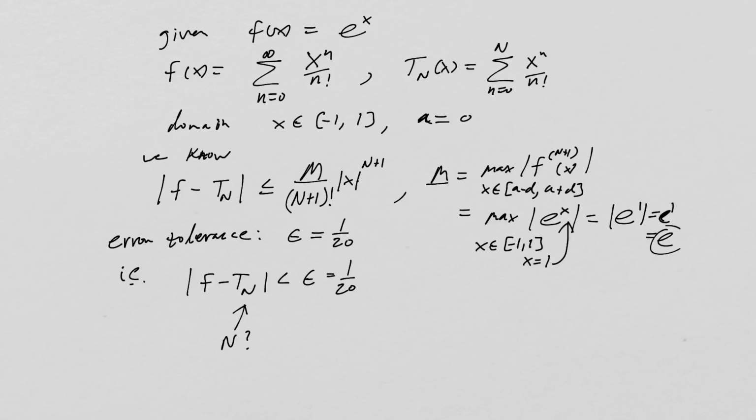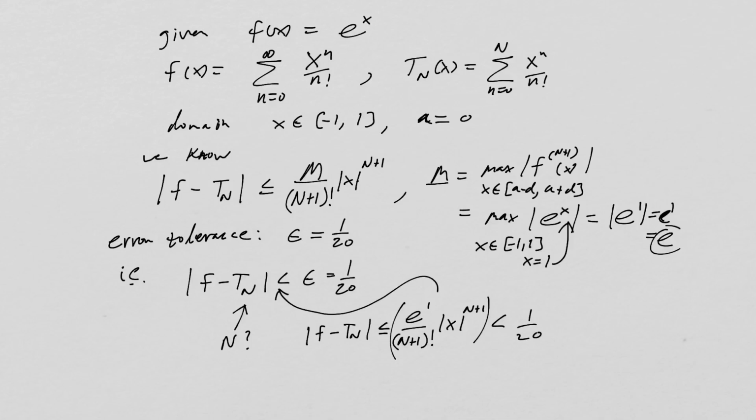So what we want to do, of course, is make f minus Tn, we know that it's less than or equal to e to the 1 over n plus 1 quantity factorial times x to the absolute value n plus 1, we want that whole thing to be less than 1/20th. So once I find this n that does this, then I'm set.